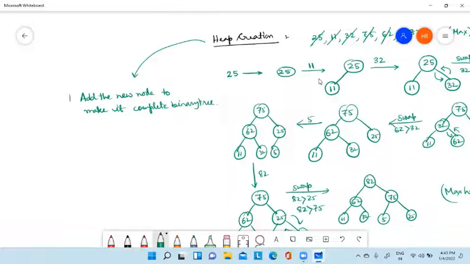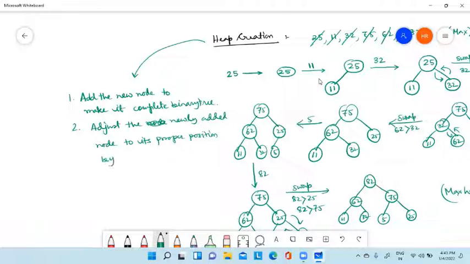Then the next step is adjust the node, or you can say the newly added node, to its proper position by interchanging.